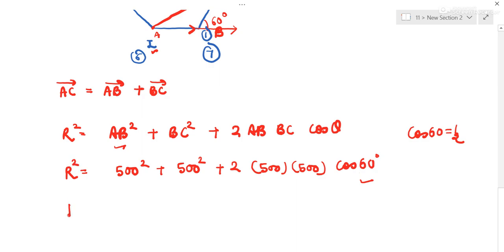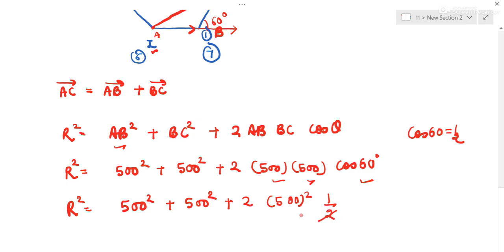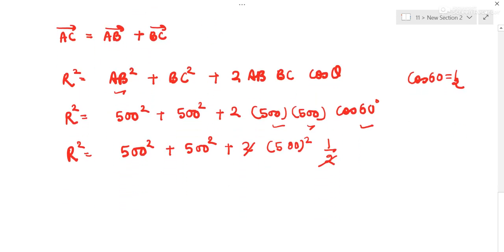So r square equals 500 square plus 500 square plus 2 into 500 into 500, which is 500 square, into cos 60, which is half. Half and 2 cancel. So basically r square is equal to 500 square plus 500 square plus 500 square. So it is 500 square into 3.